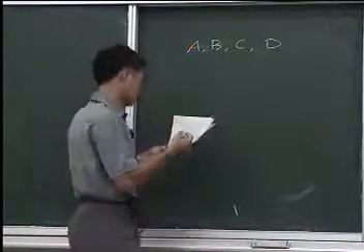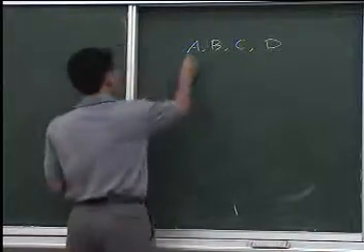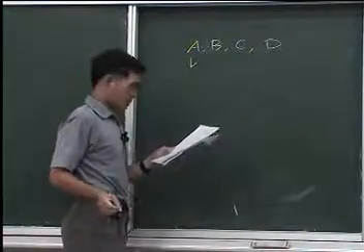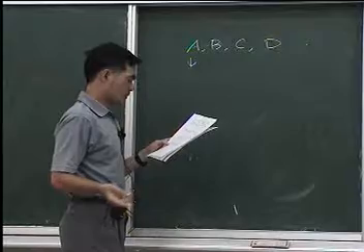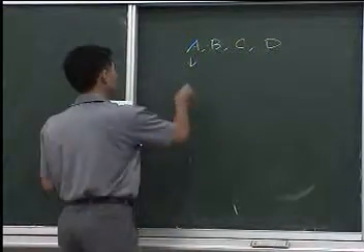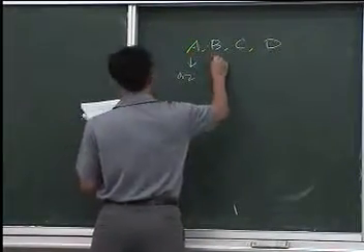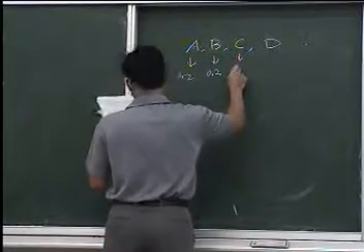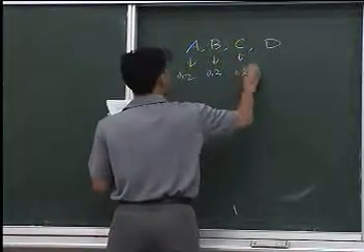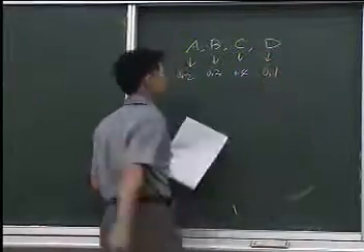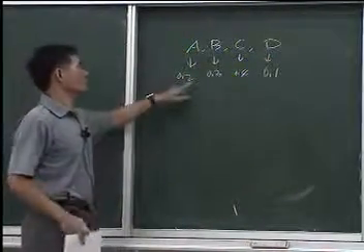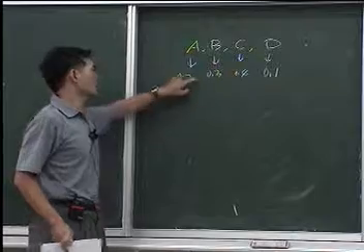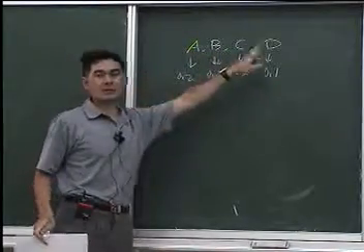The chance that this person chooses factory A is 0.2, and factory B is 0.3, and then 0.4, and then 0.1, okay? So these are the probabilities that this person will choose A, B, C, and D.